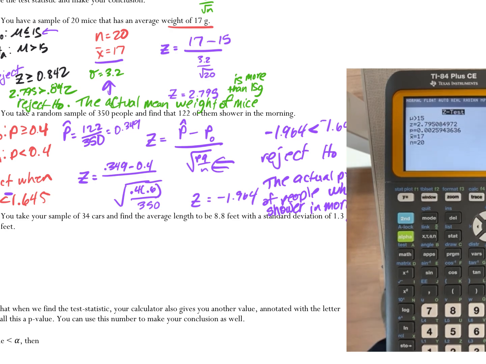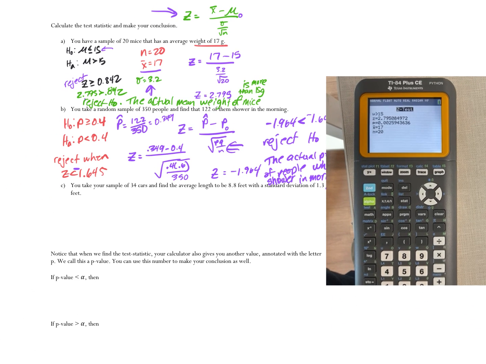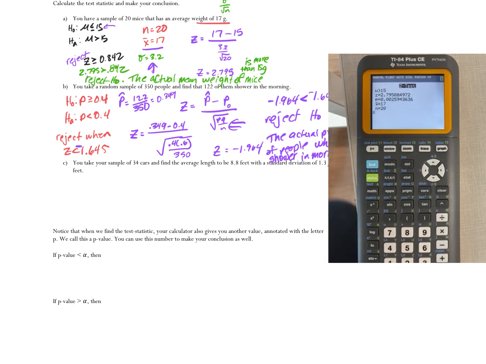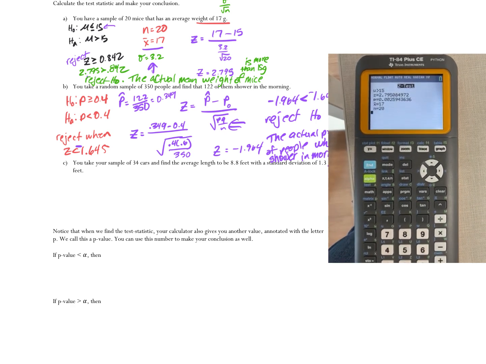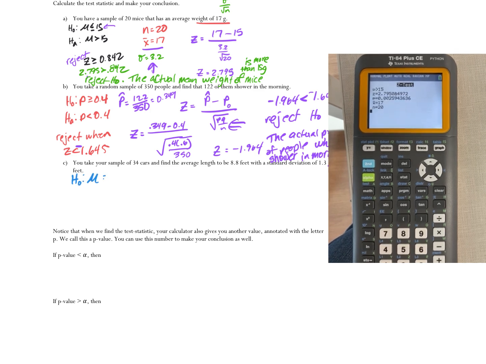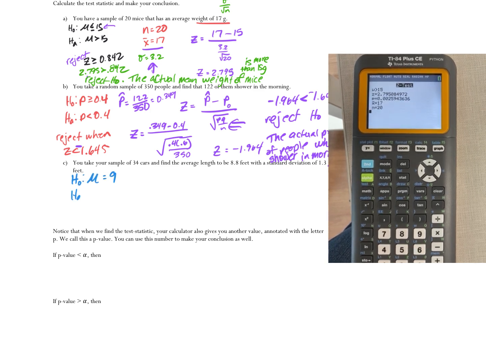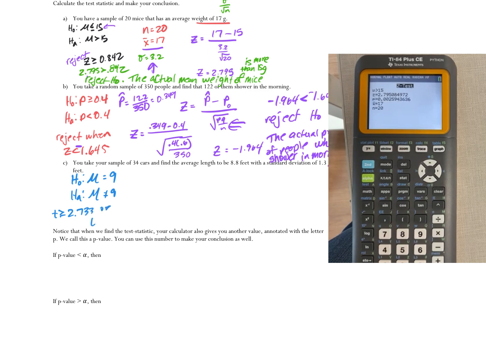Okay, so let's look at this last one. The null hypothesis was mu equals 9. The alternative was mu is not equal to 9. And we said we were going to reject when either t is greater than 2.733, or t is less than negative 2.733.